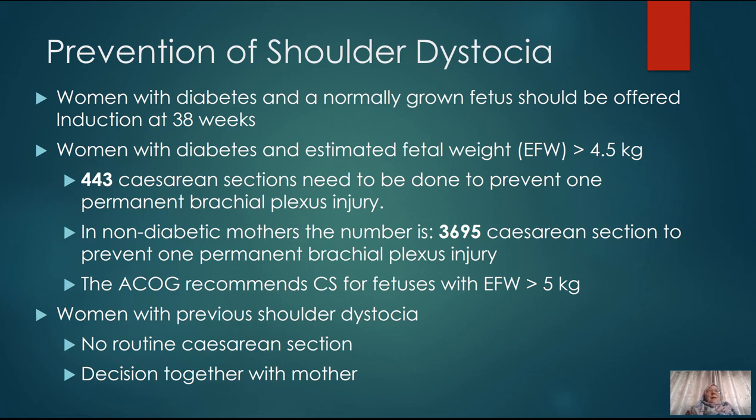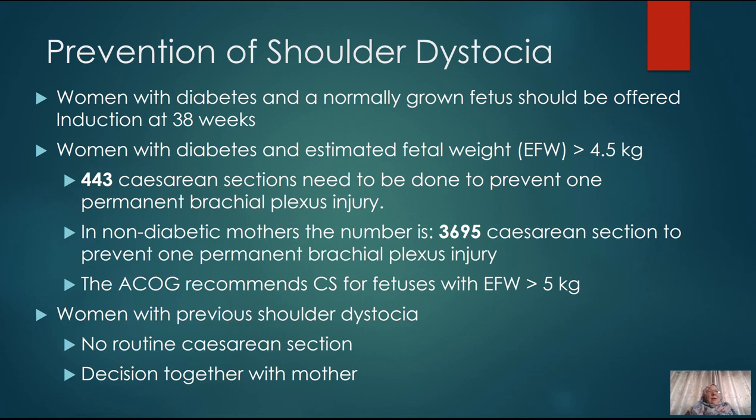Women with diabetes and an estimated fetal weight of over 4.5 kilos should be offered a cesarean section. But you have to know that 443 cesarean sections need to be done to prevent one permanent brachial plexus injury.